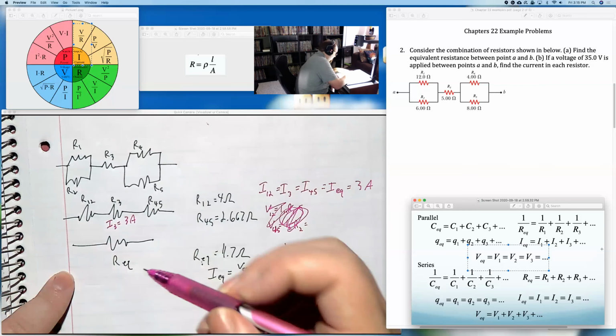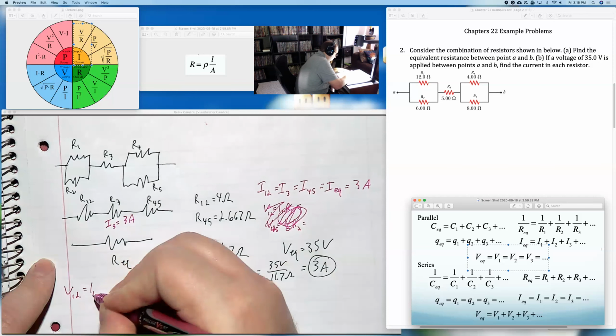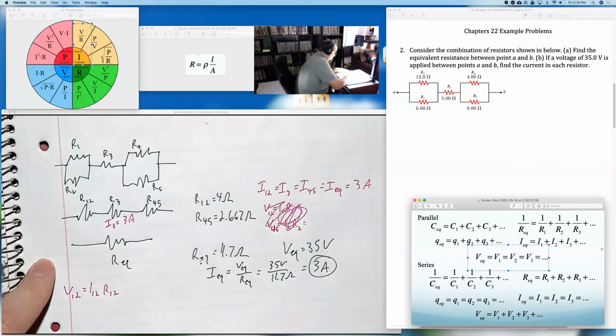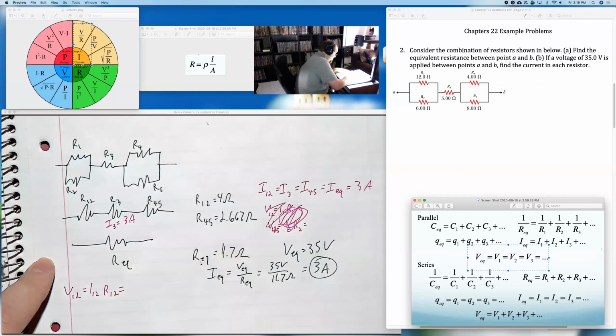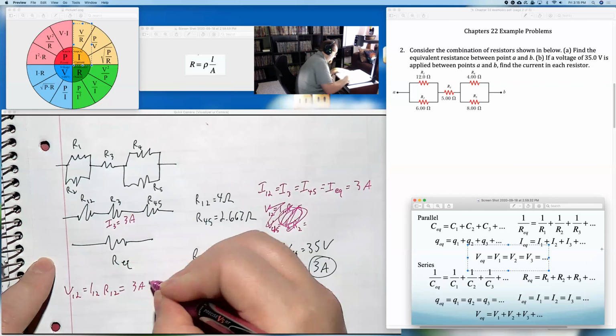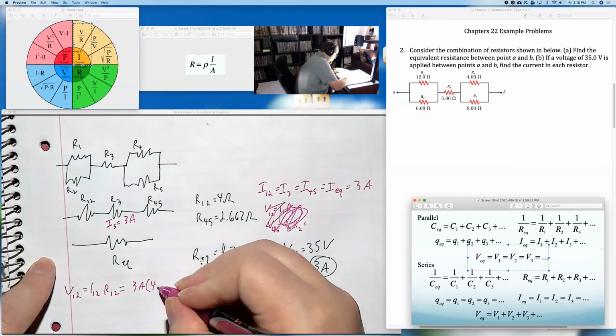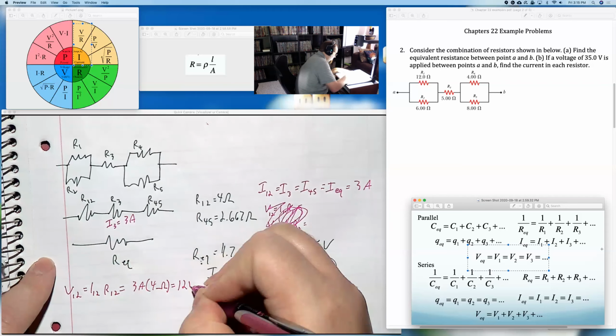So yeah, I'm going to say V12 equals I12 R12, which is 3 amps times 4 ohms, so it's 12 volts.